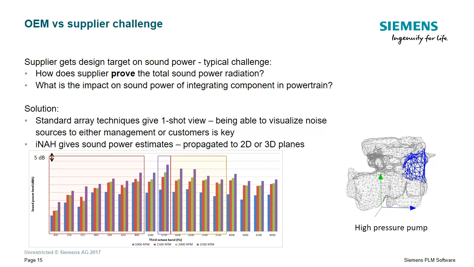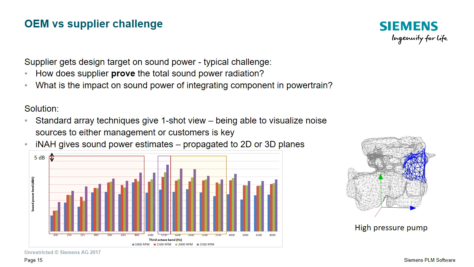task for sound source localization, where we use these sound power techniques to identify an area. As you can see here on the right, actually we define a zone on a 3D model of the engine, so not a 2D plane, but a 3D model. And then we do an analysis of the behavior of that component in different octave bands and also in different operational conditions.